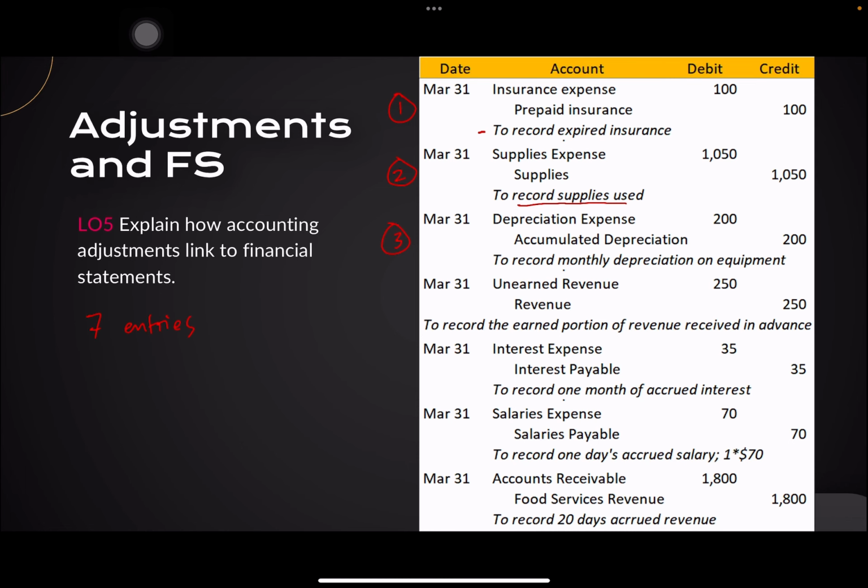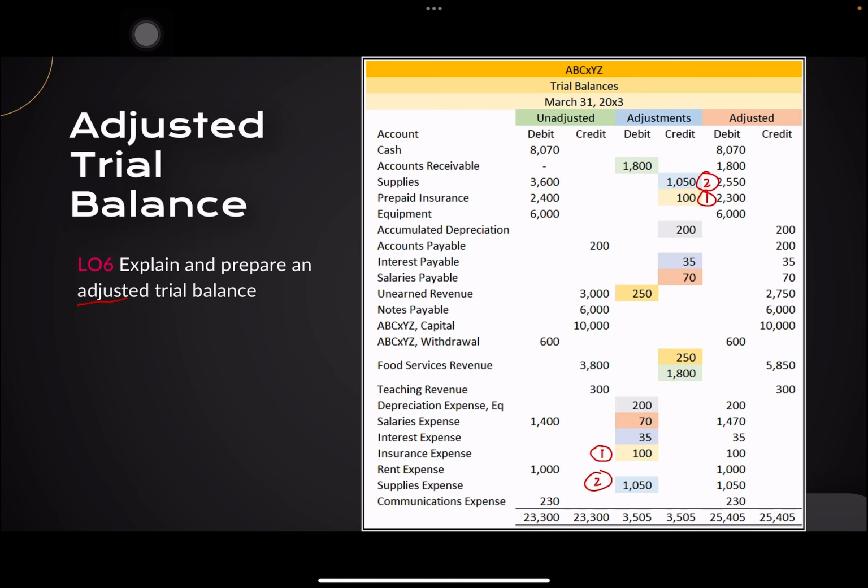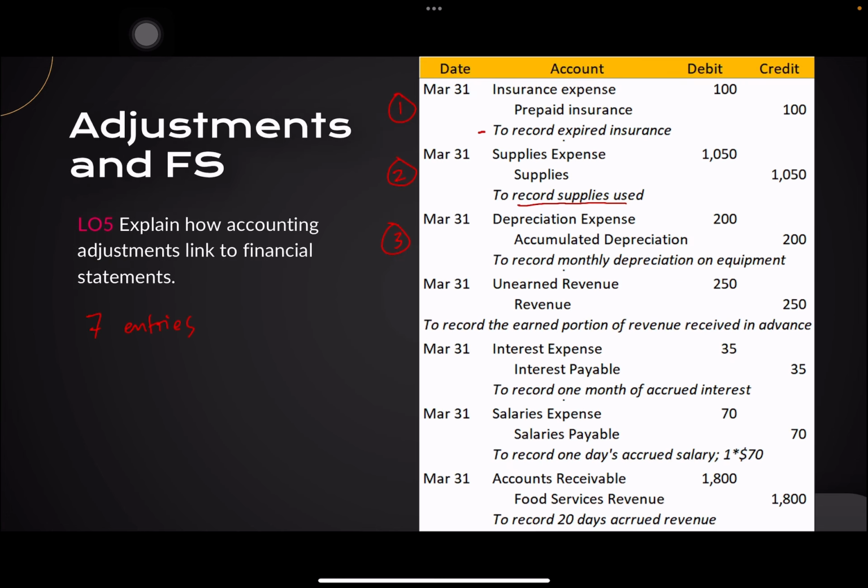So let's trace it now. Depreciation expense says here, this one, $200, and the accumulated depreciation, which is a contra asset account, number 3, right here. So the fourth adjusting entry that we prepared was to record the earned portion of the revenue that we received in advance.